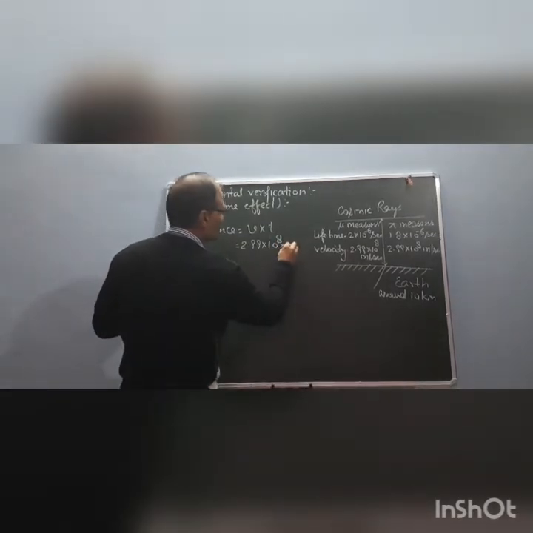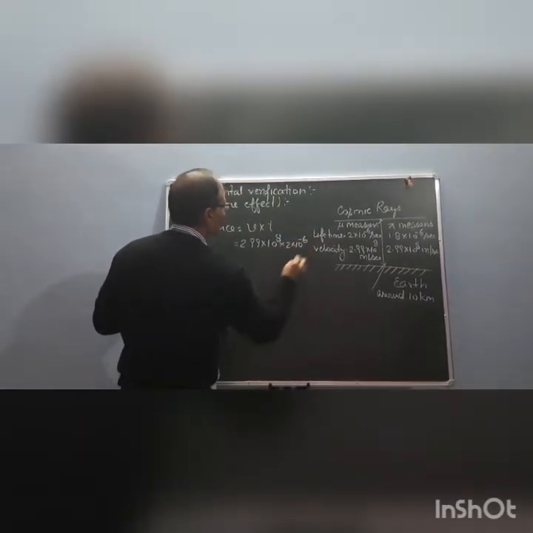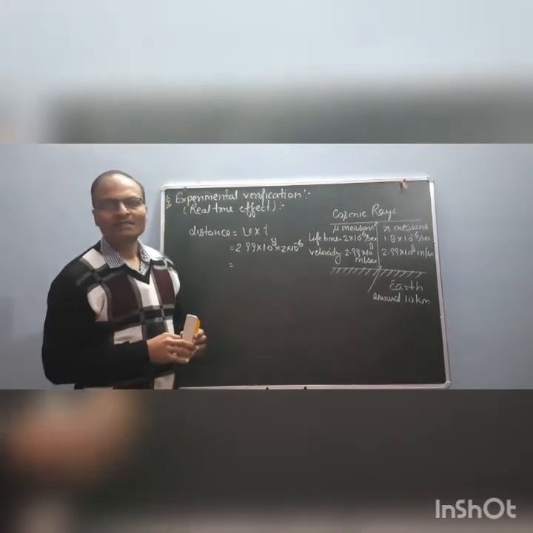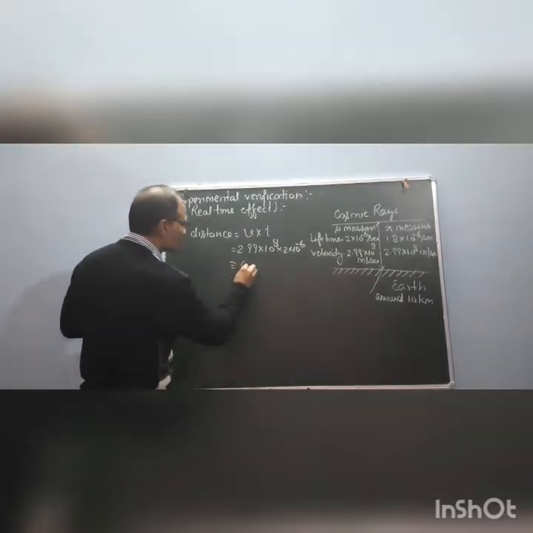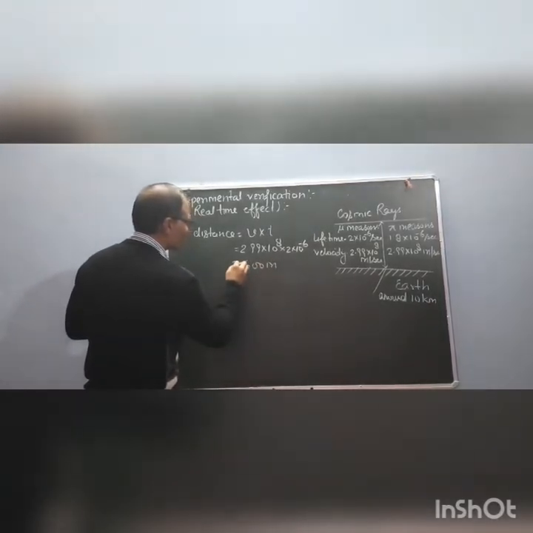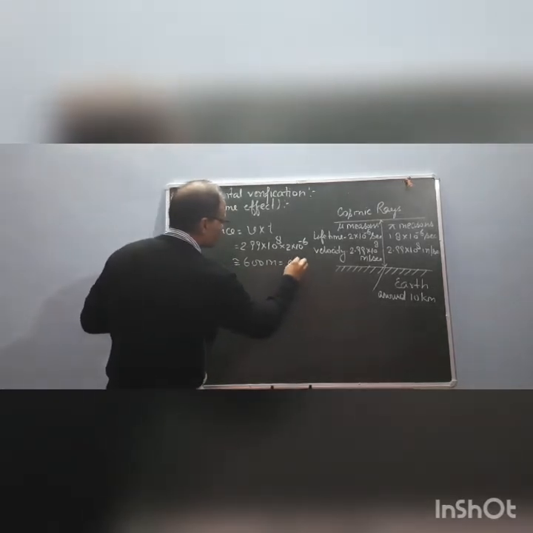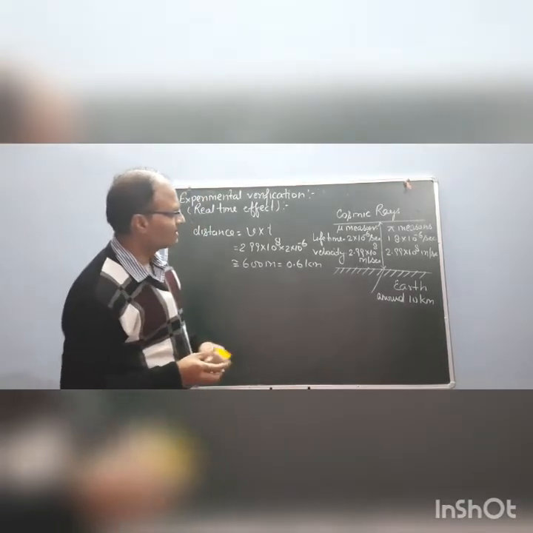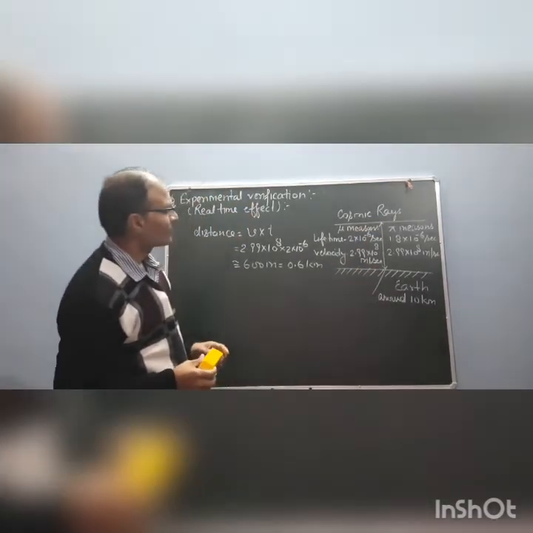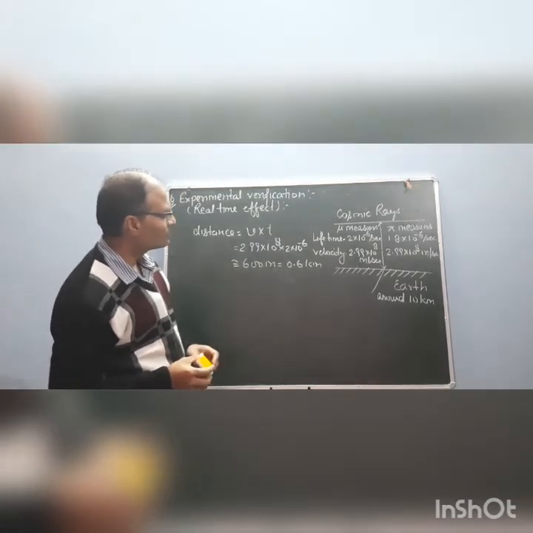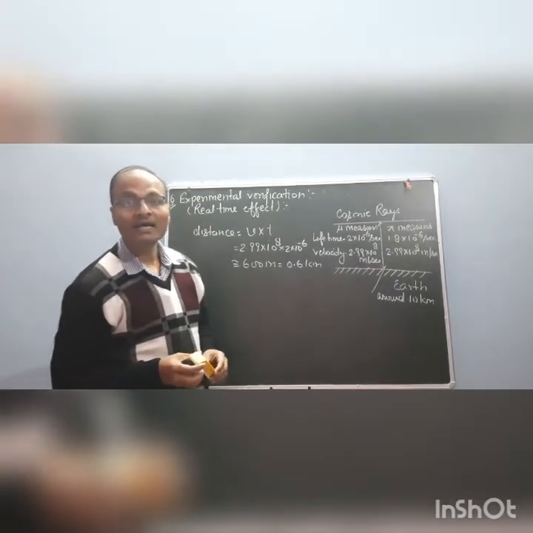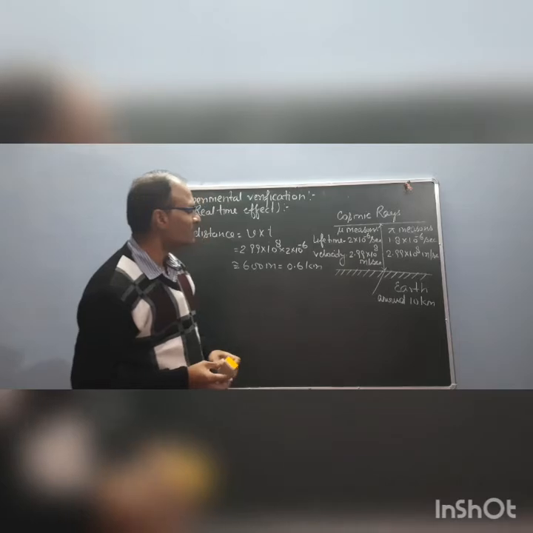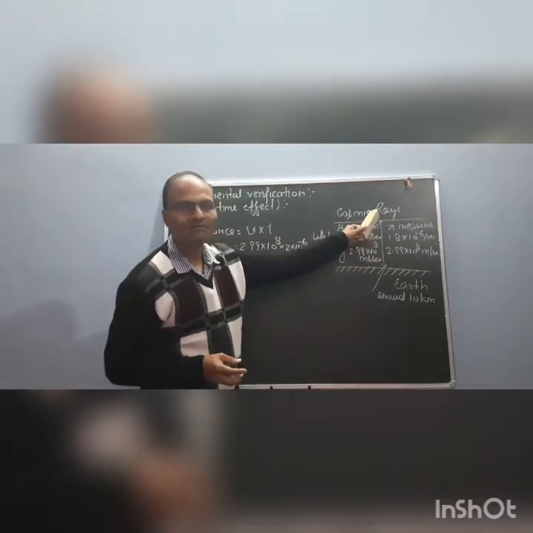So this is 2 into 10 to the power minus 6 second. If I calculate, then the value is approximately 600 meter, just 0.6 kilometer. But the distance of the ozone layer is around 10 kilometer. Then how is it possible that the cosmic rays containing mu meson are received above the Earth's surface?